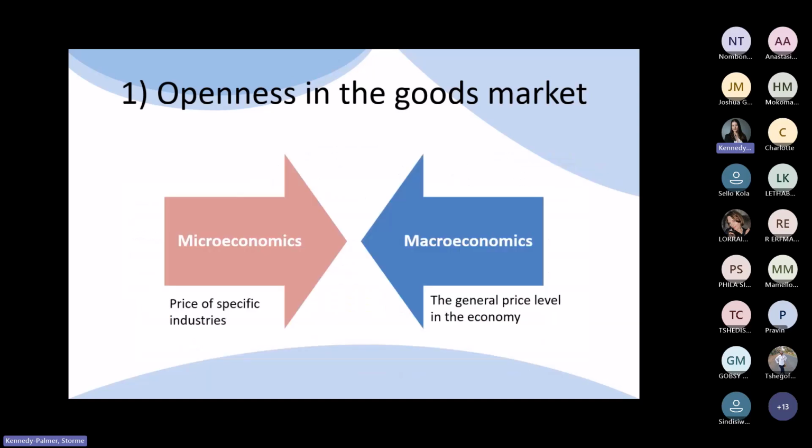So up until now, we've been looking at a very simplified chocolate example. That's actually a microeconomic example because it looks at a specific product, specific industry. In this module, we're dealing with macroeconomics, where we look at the economy as a whole. So we're not looking at the prices of individual products, but rather the general price level, okay?